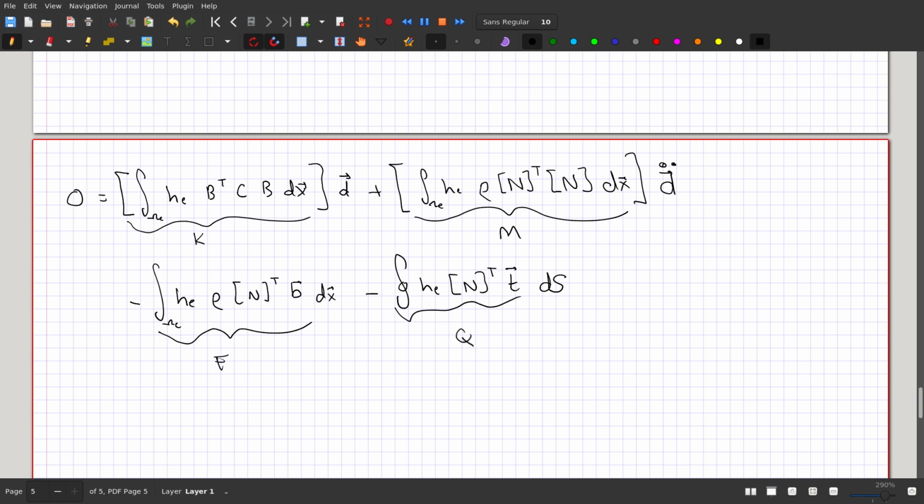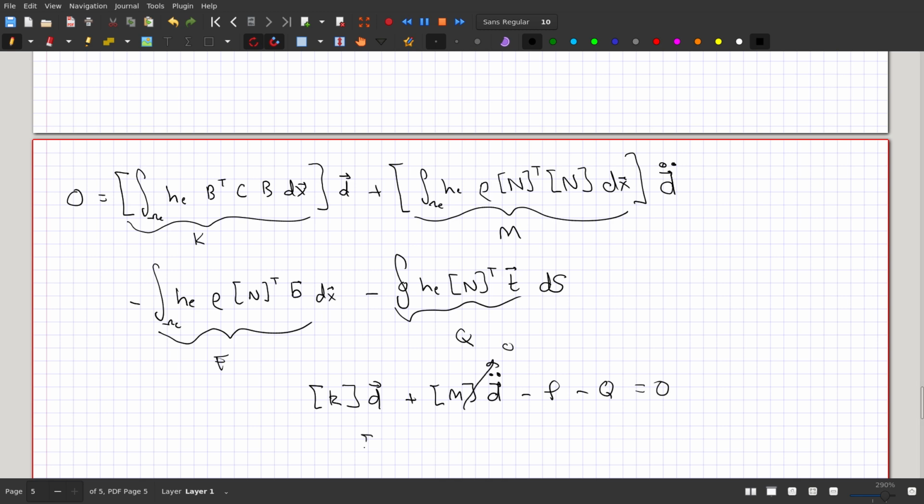So then in matrix form we have K d plus M d double dot minus F minus Q is equal to 0. Or in quasi-statics, we assume that the acceleration term is 0, and we have K d equals F, which equals F plus Q. Right?